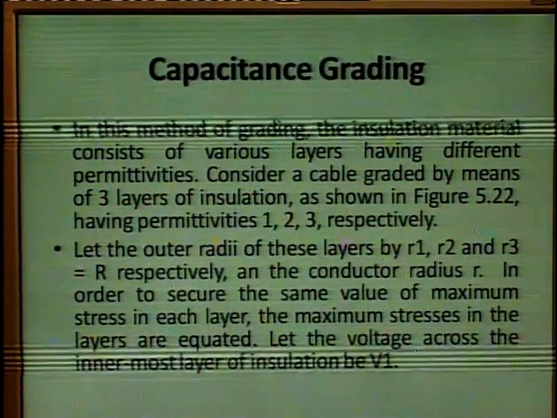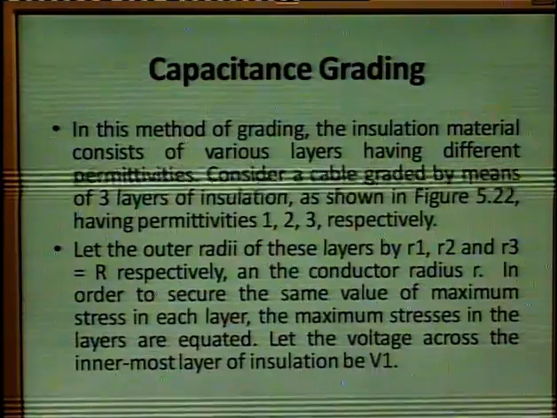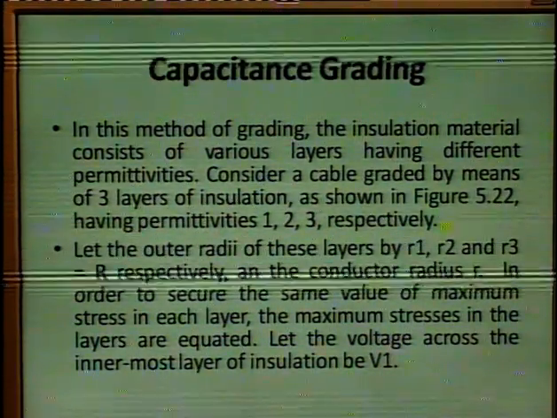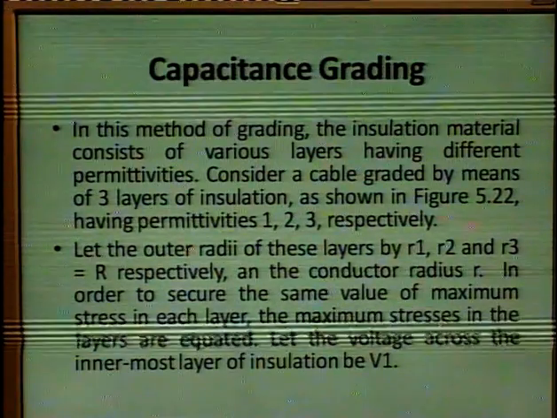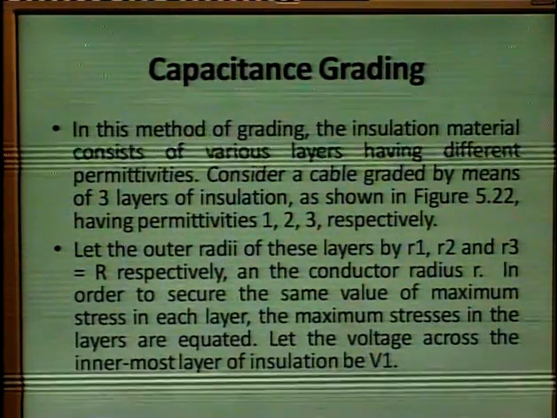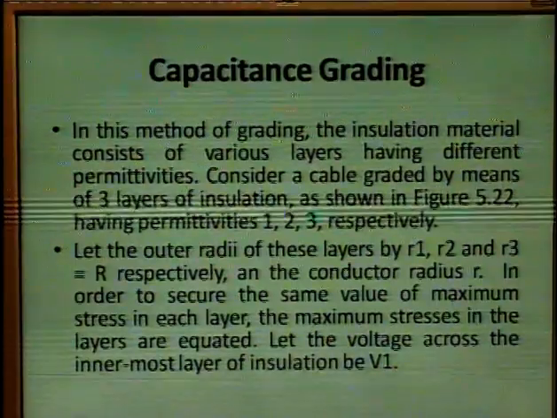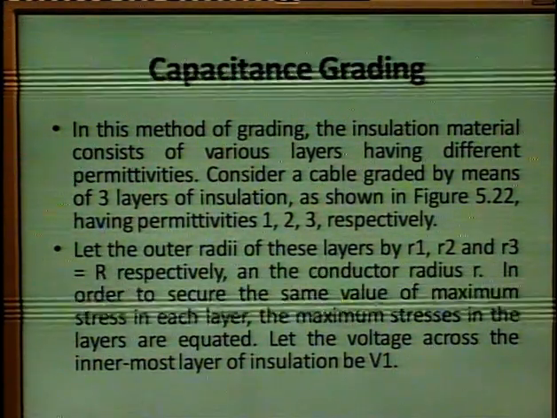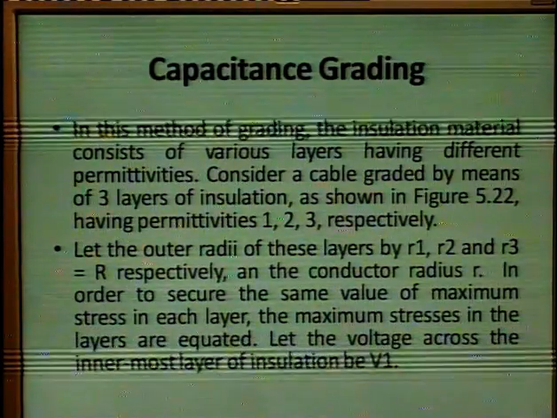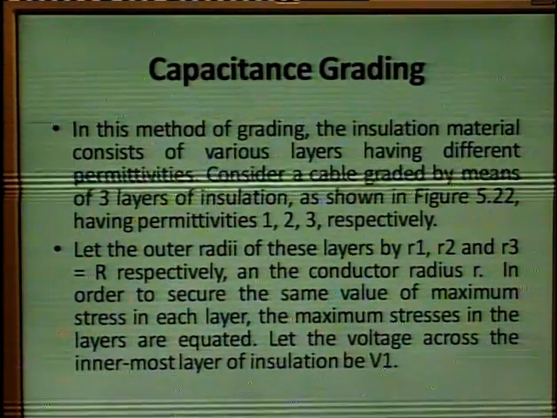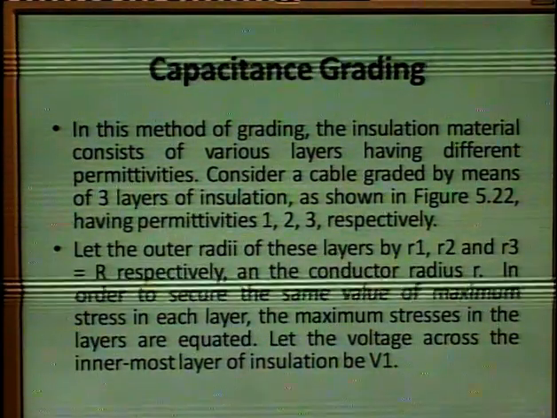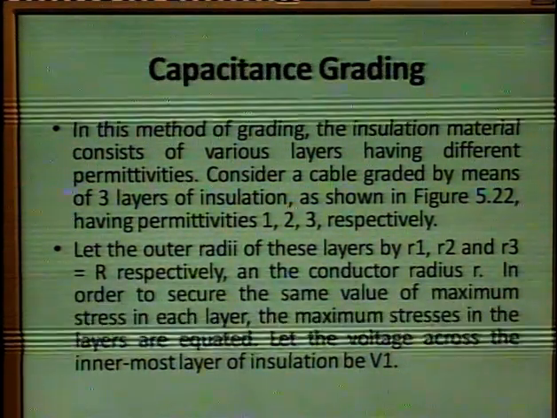So consider a cable graded by means of 3 layers of insulation having permittivities ε1, ε2 and ε3 respectively. Let the outer radii of these layers be r1, r2 and r3 equal to R respectively, and the conductor radius is r.